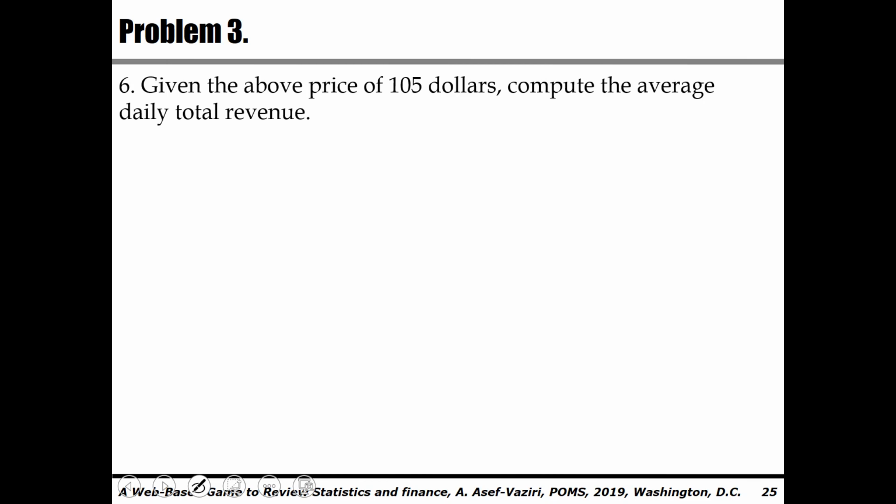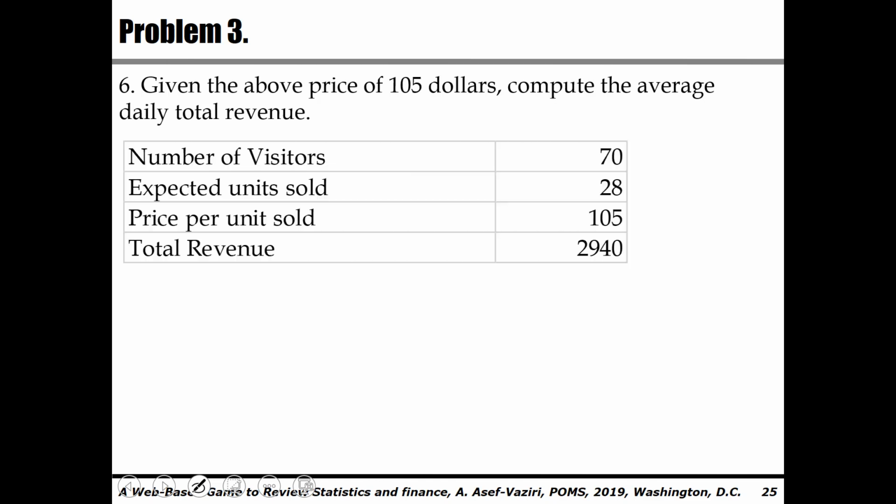Given the above price of $105, compute the average total revenue. We can do it in two ways. We may assume, as I explained it before, we have 70 visitors, probability of sales is 40%.